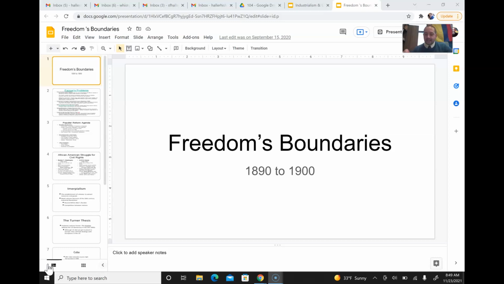But as the 1890s come around and the end of our period here is upon us, there are going to be growing divides, right? By the time we get to the 1890s, we are in the second part of the Industrial Revolution. We are no longer in that first wave of industrialization where those first couple of businesses are being formed and those first industries are moving.